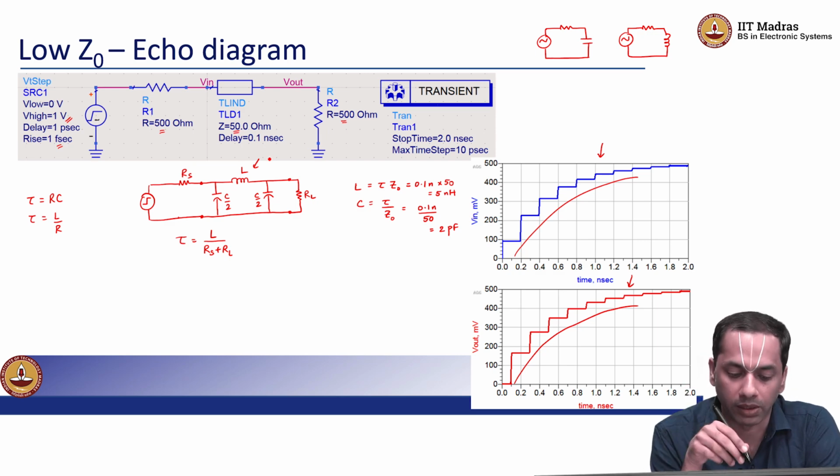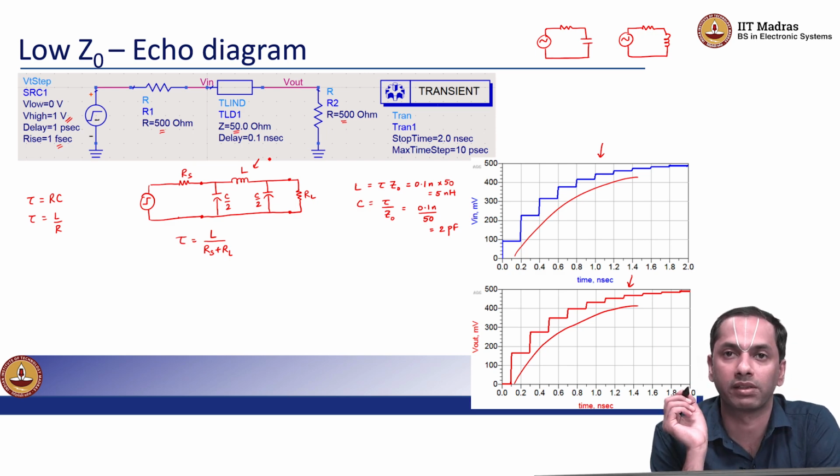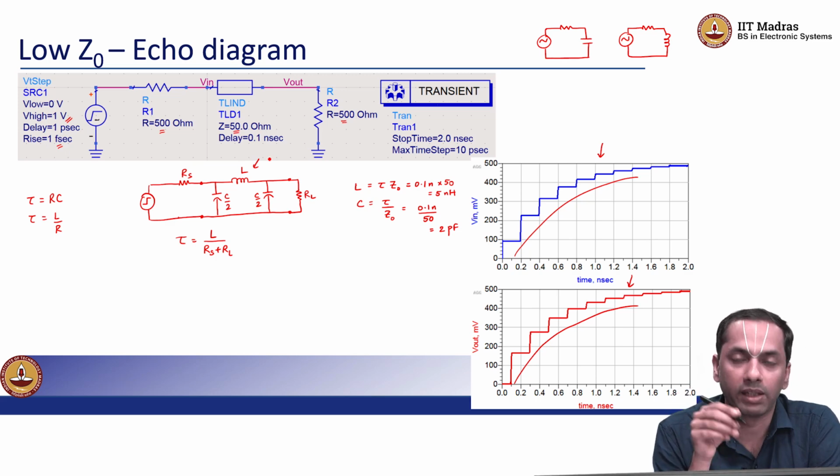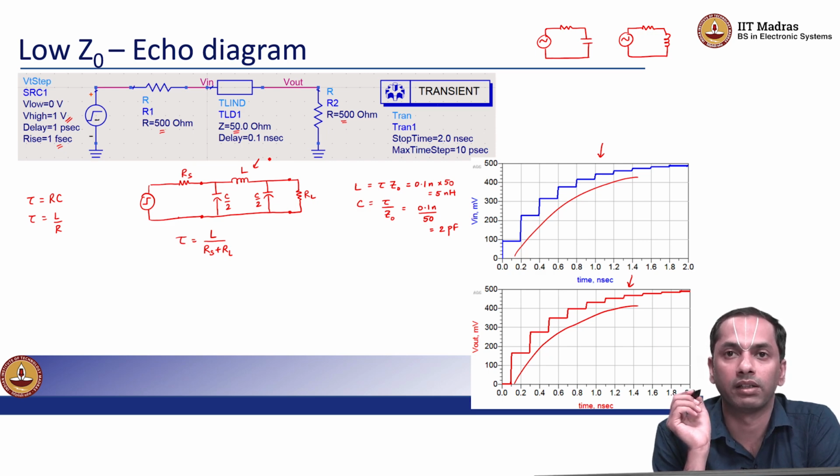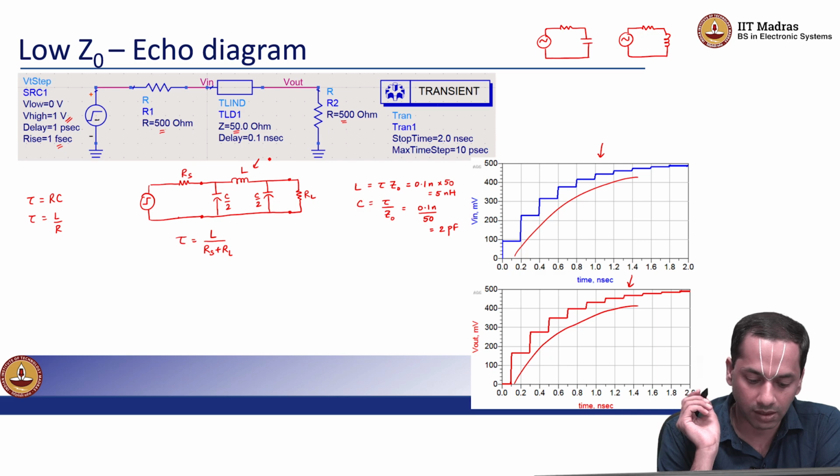You can open the capacitors and short the voltage source, and what you end up seeing is that the resistors Rs and RL are in series with the inductor L. So, they just simply add up, and the time constant for charging this inductor is L by Rs plus RL.